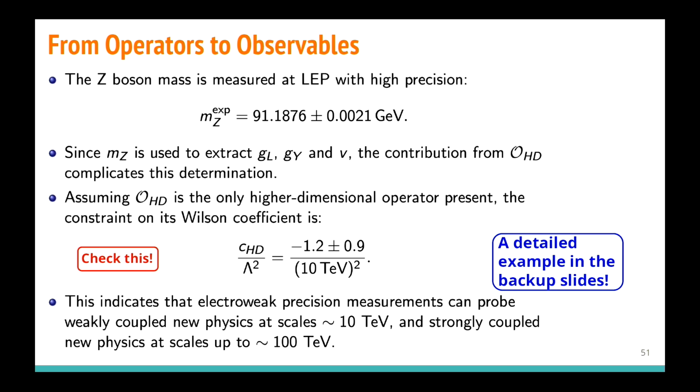Then my scale of new physics would be of the order of 10 TeV. However, in a strongly coupled scenario, if the coupling becomes of the order of 4π, then the new physics scale would become something close to 100 TeV. So this ratio is what we would be constraining, but as I discussed before, our assumption of whether the theory is weakly or strongly coupled determines what new physics scale I am dealing with.